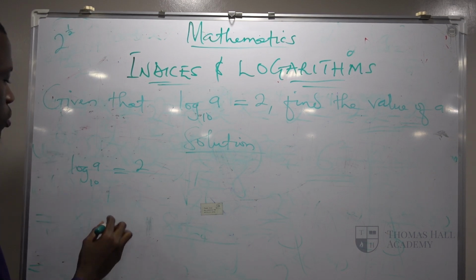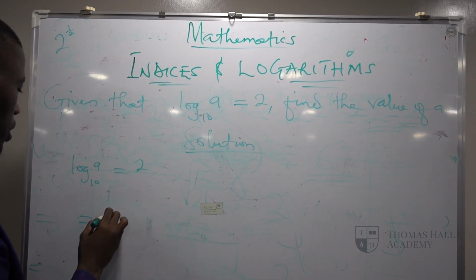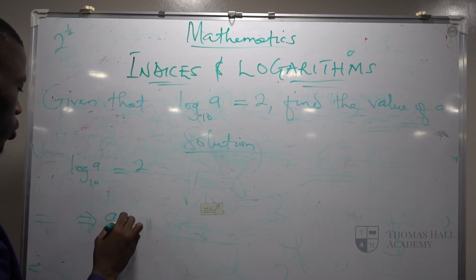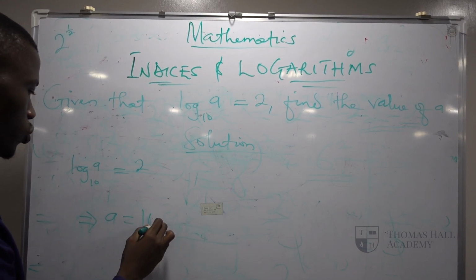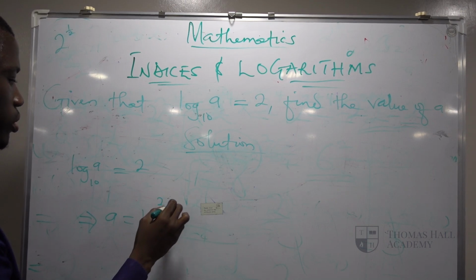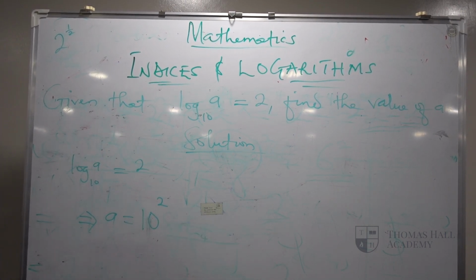Simply say a equals, this 10 comes here to become the base and 2 becomes the power. You have been fed with too much information from your primary to your secondary school level. What you need is the logic, the key to passing your exams.